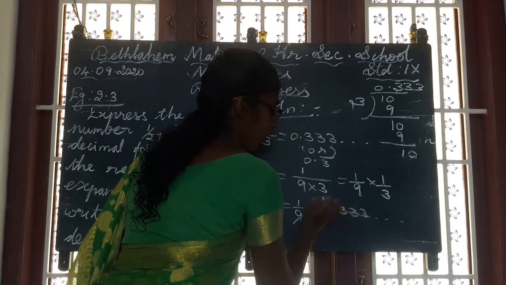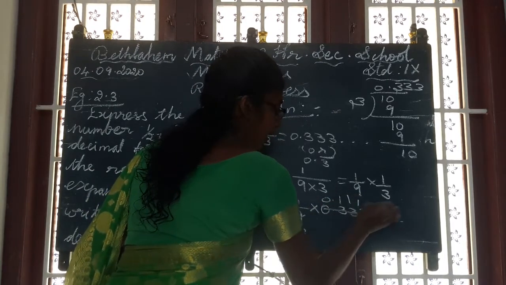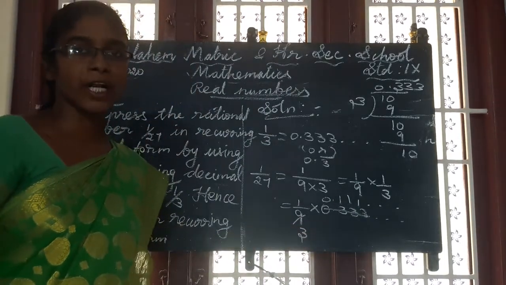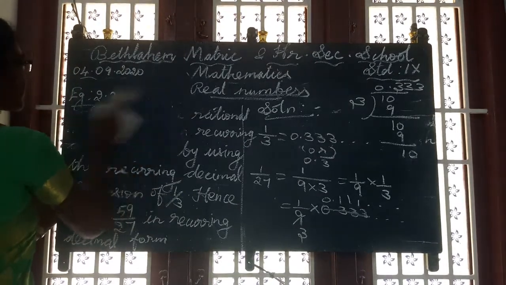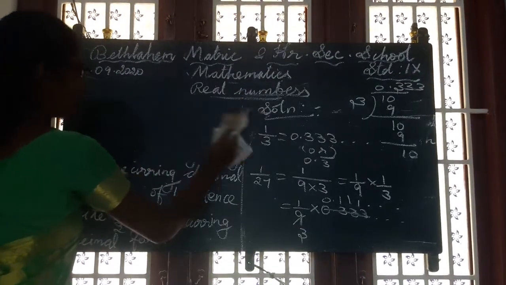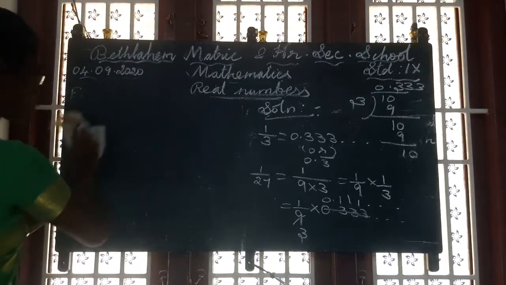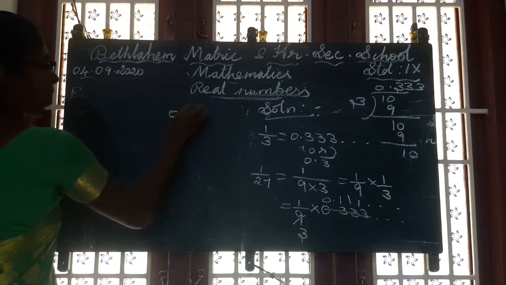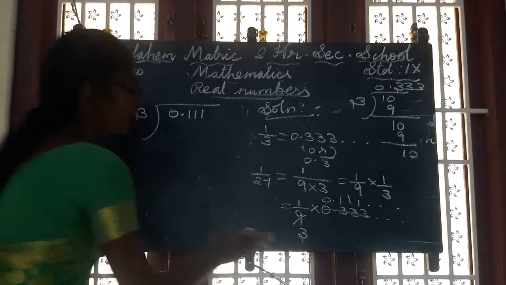Next 0.111 etc. Next we have to divide this. 0.111 divided by 3.